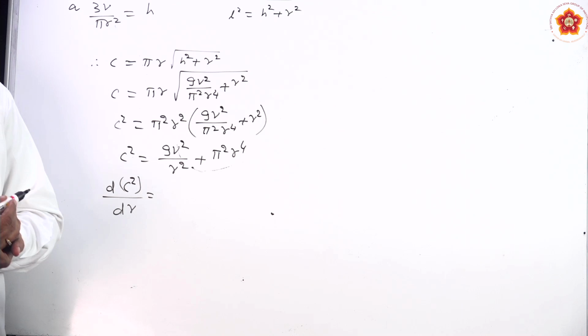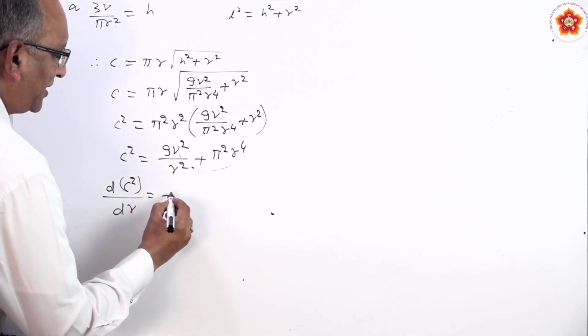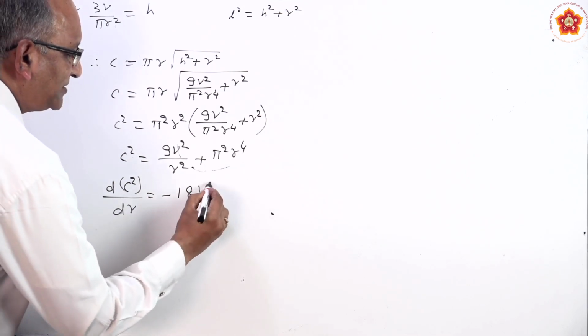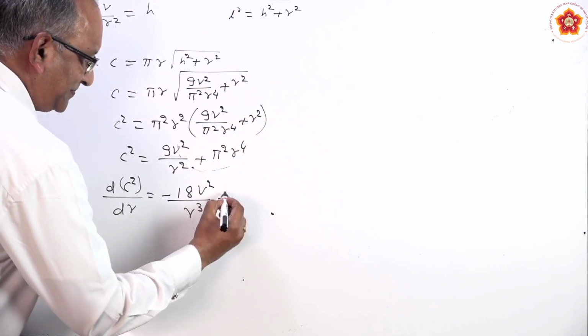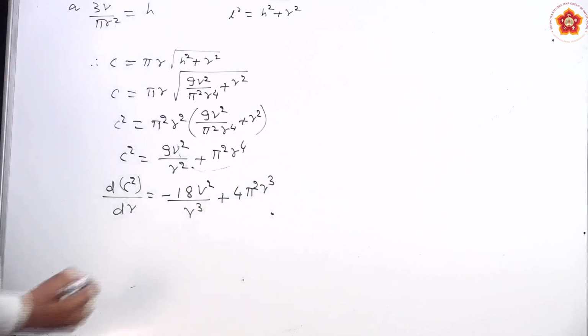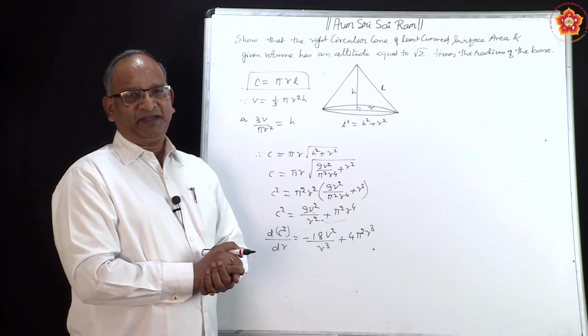And what is its derivative? Minus 2 r to the power minus 3. So it will become minus 18 V square by r cube plus 4 pi square r cube. So this is the first derivative.